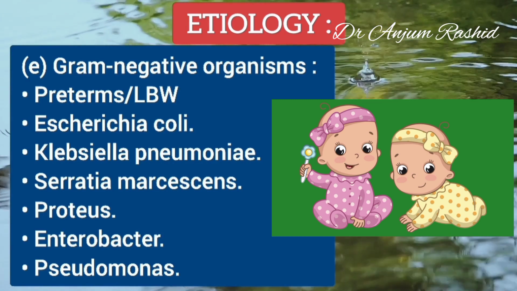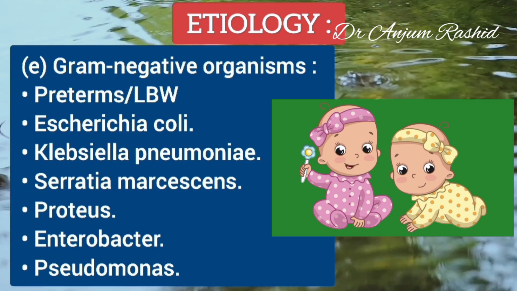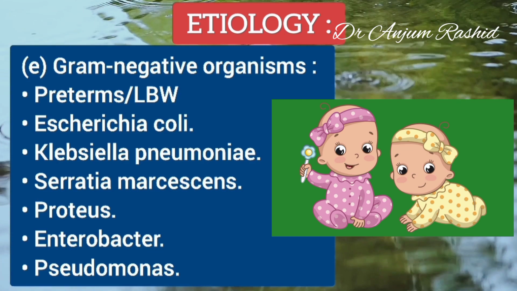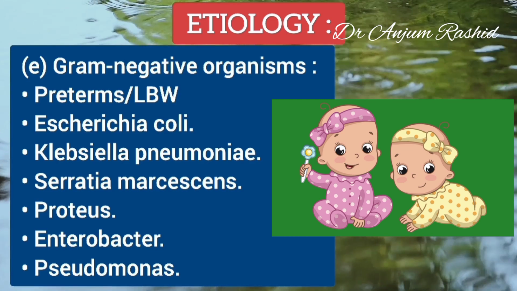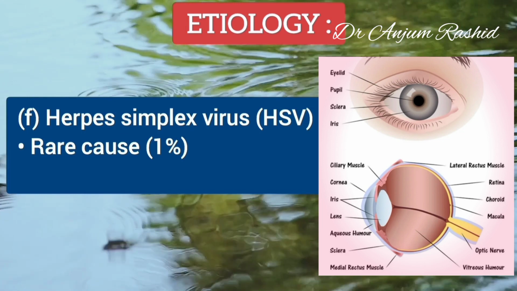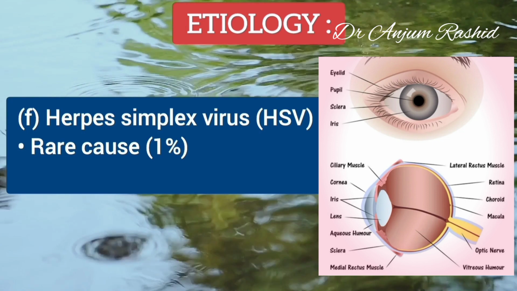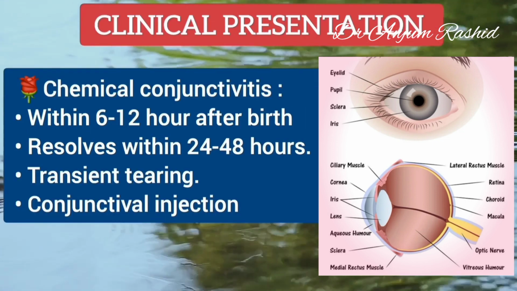And the organisms include Escherichia coli, Klebsiella, Serratia marcescens, and Proteus, also Enterobacter and Pseudomonas species. Herpes simplex virus is a rare cause of neonatal keratoconjunctivitis, and it is found in less than 1% of the cases. Now I will discuss the clinical presentation.